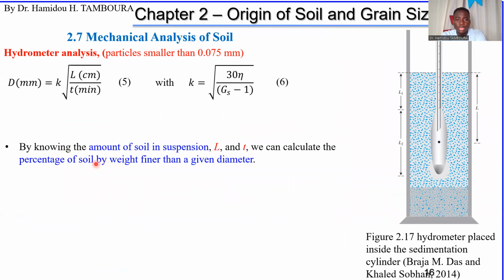So here, if you now know the amount of soil in suspension and the L, because the hydrometer will give us at a given time t, we can then calculate the percentage of soil by weight finer than a given diameter. Because when we measure here, it means the soil particles larger than that, at the diameter measured at this time t, are already down.